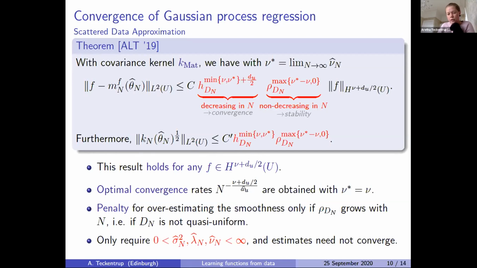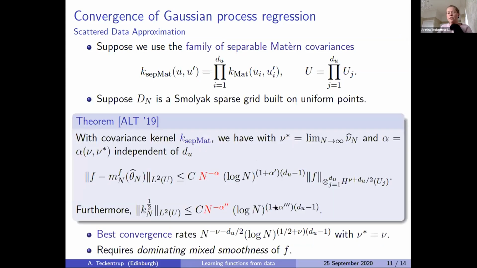So if you do want to get faster convergence rates, which don't deteriorate with the dimension, you have to make stronger assumptions on F. In particular, if you move to spaces of dominating mixed smoothness, then you can get faster convergence rates. These spaces of mixed dominating smoothness are tensor products of one-dimensional Sobolev spaces.